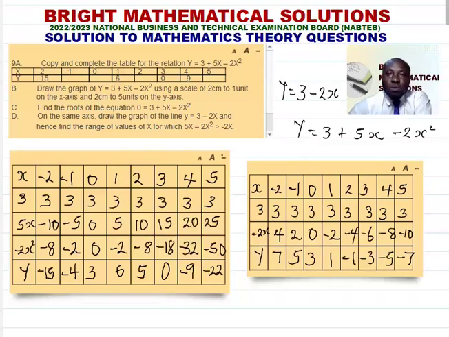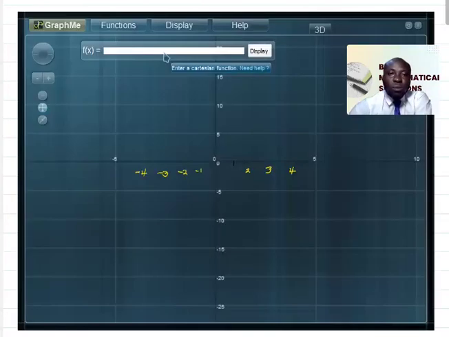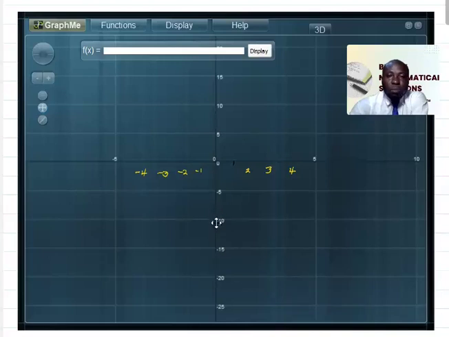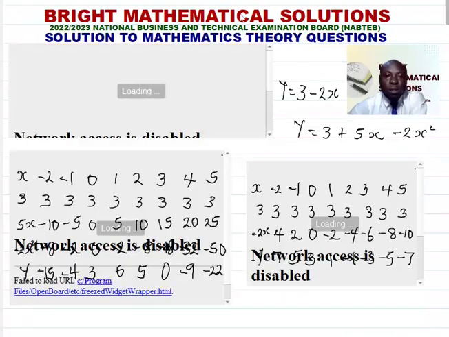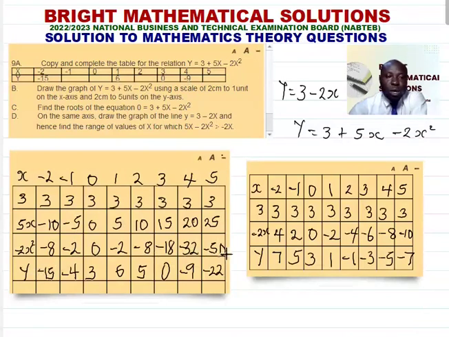Now let us move to our graph as we plot. So we are on the graph, so let us get to work. For the quadratic equation, when our y is minus 15, remember the solution we got here. This is what we are taking to our graph.